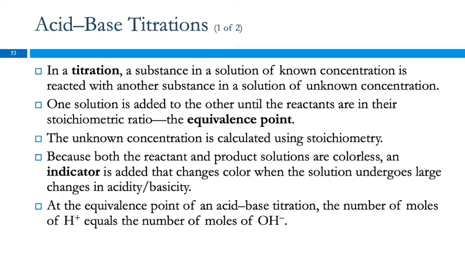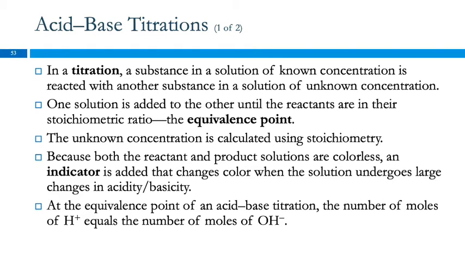The problem, though, is how do you know when you're at that stoichiometric ratio? Maybe you have an acid and a base and you're adding some base, and how do you know when you're at that right point? Well, we need some help with that. So for an acid-base reaction, we can use an indicator. An indicator is a compound that changes color depending on whether it's in the presence of an acid or a base.